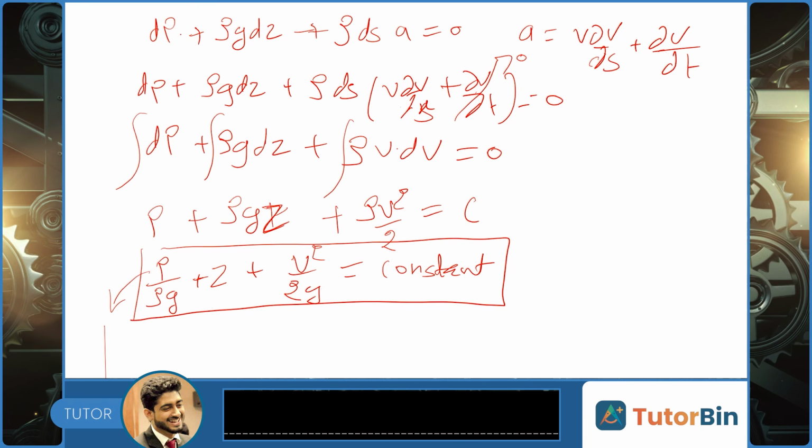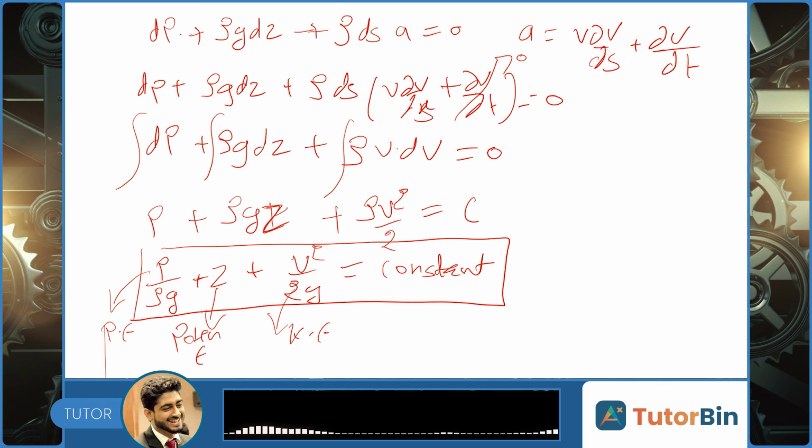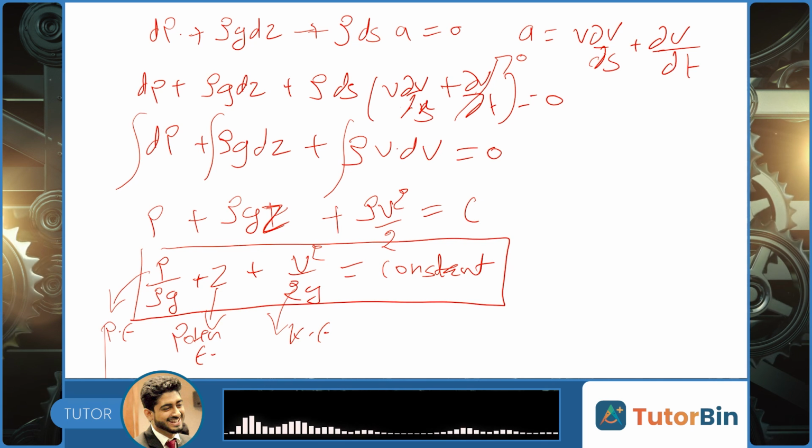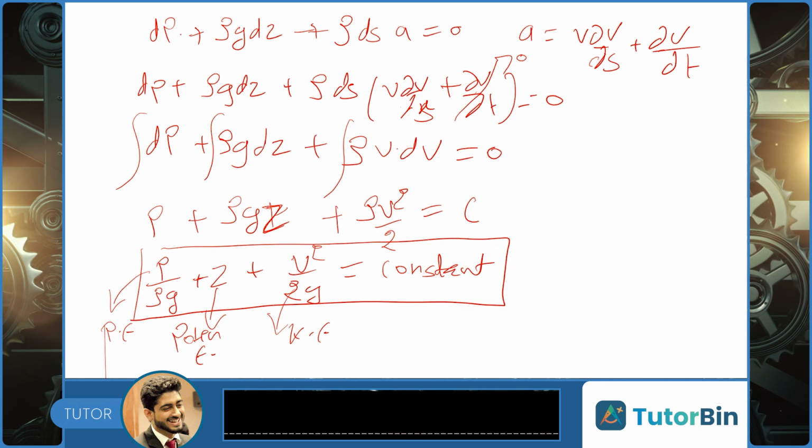This is our pressure energy, this is potential energy, and this is kinetic energy. As Bernoulli's theorem states, the sum of pressure energy, potential energy, and kinetic energy is constant. It's all about Bernoulli's theorem. Thanks for watching.